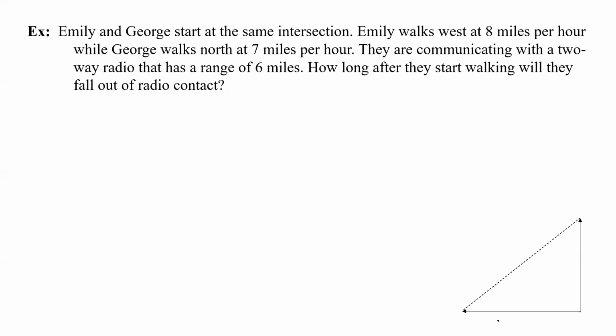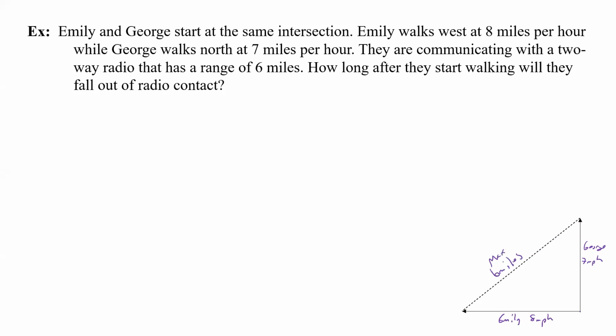And so Emily is walking west. And she's going at 8 miles per hour. And George is going north, so that's going up, so that's George. And he's going at 7 miles per hour. And we know that the range, when they get so far up and so far left, the range max is 6 miles. So that's max.